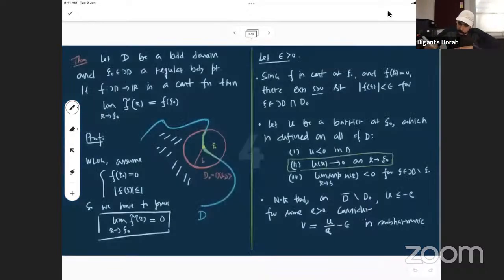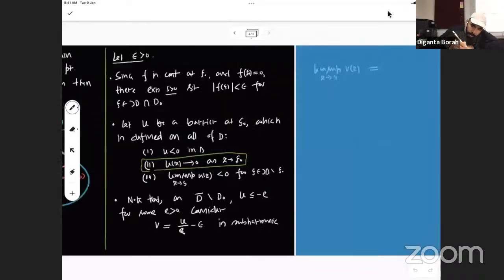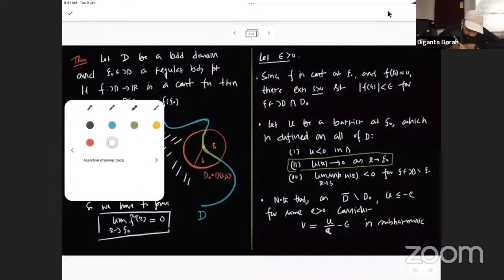So let's look, the definition of v is u by rho minus epsilon. So this lim sup would be 1 upon rho times lim sup of u, and then you have a minus epsilon to take care of. So let's look at the picture here. First let's take care of this portion.